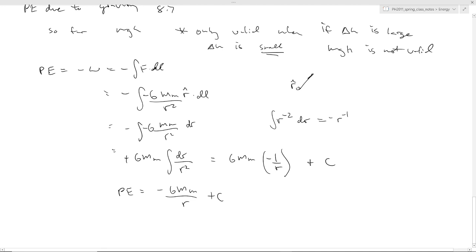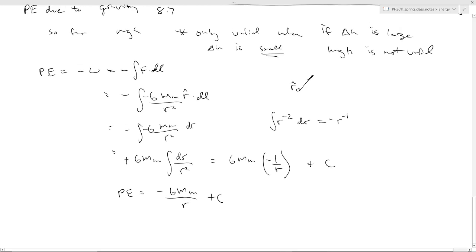And there's a convention for pegging what that constant is, and that is to make it so that the potential energy at r equals infinity is 0.